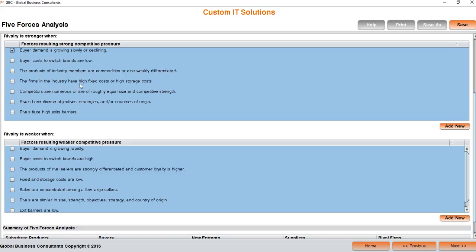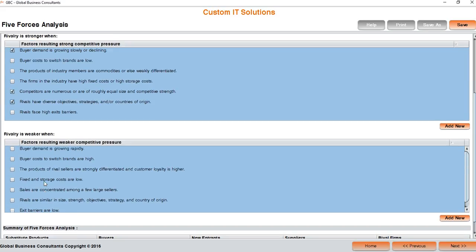Firms in the industry have high fixed cost or high storage cost. Not entirely true. Competitors are numerous or are roughly equal in size and competitive strength. Definitely. Rivals have diverse objectives, strategies, and/or countries of origin. Absolutely, we've seen now that with the internet, there are basically no boundaries to competitors. Rivals face high exit barriers.